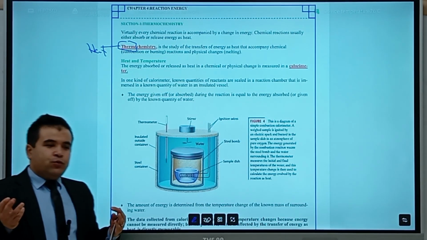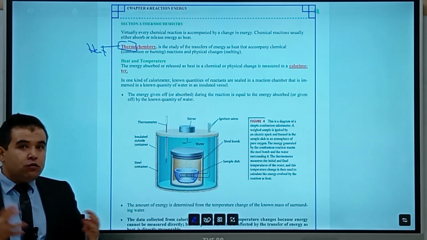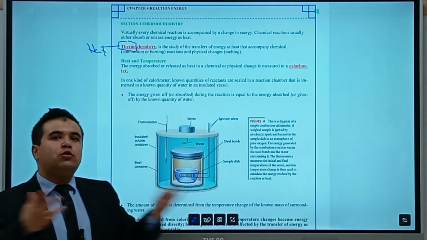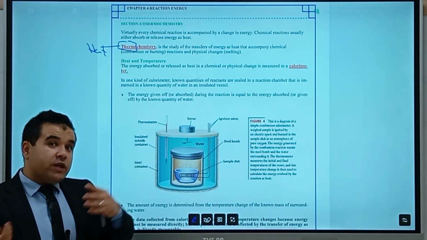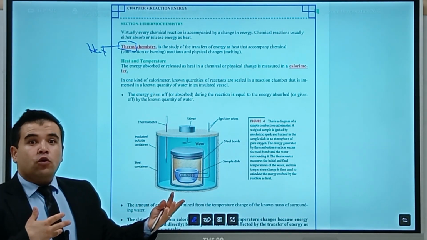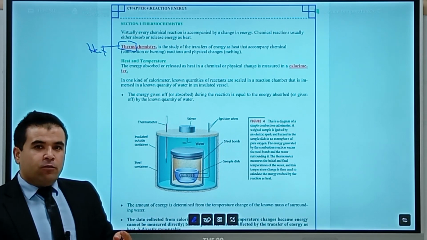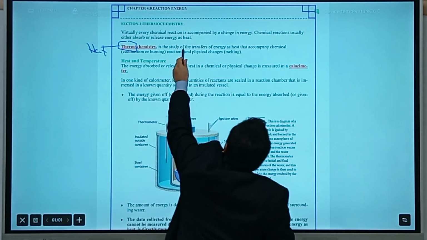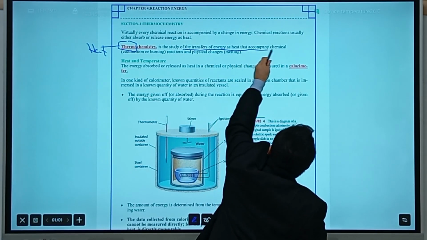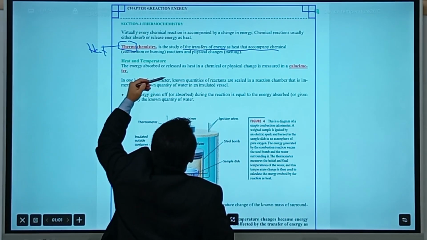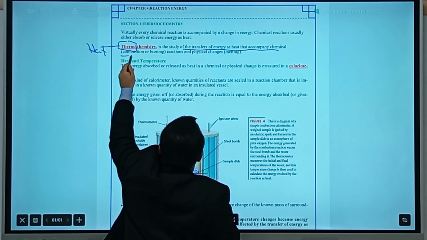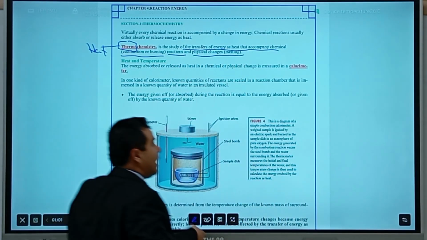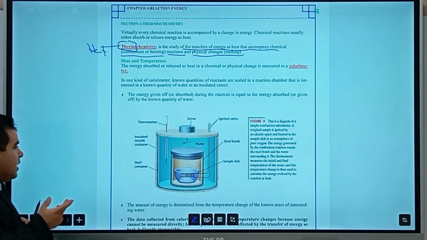Thermochemistry is a branch of chemistry which deals with what? With the amount of heat which is transferred between the systems, through or during a chemical process or a physical change. It is a study of the transfer of energy as heat that accompanies chemical reactions, or we can say combustion or burning reactions, and physical changes like melting or freezing.